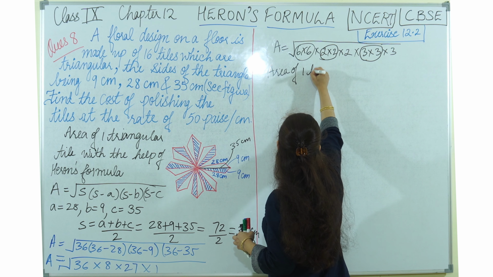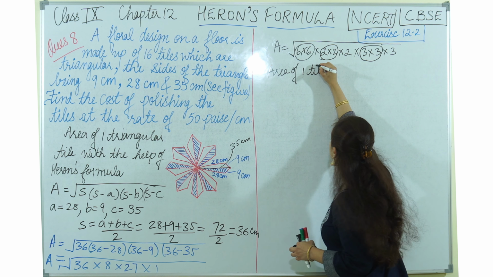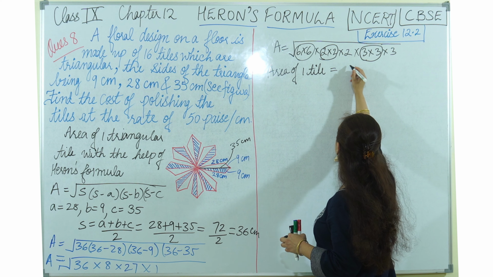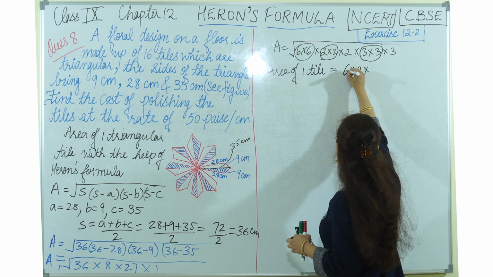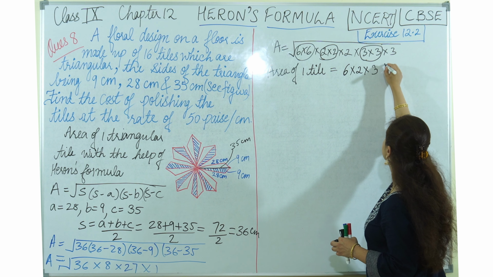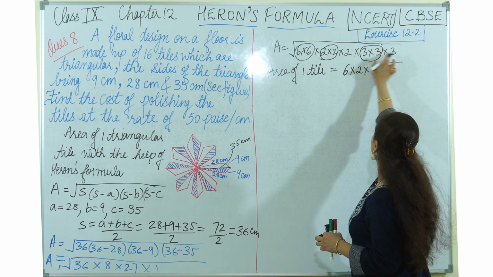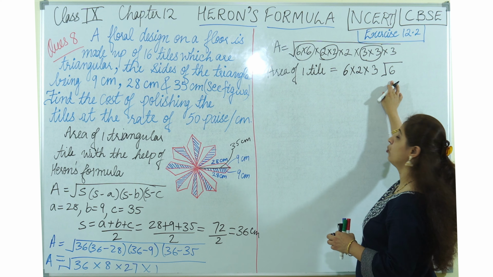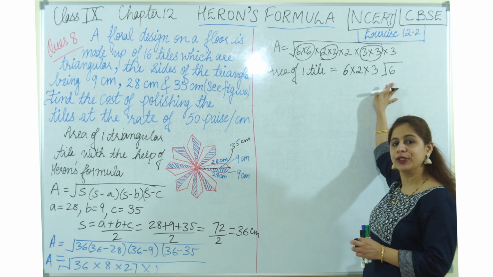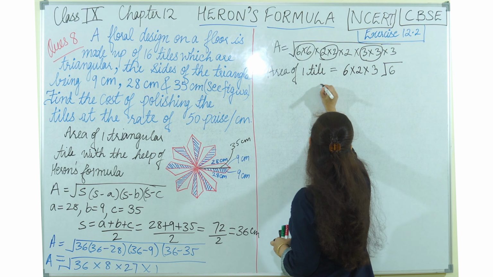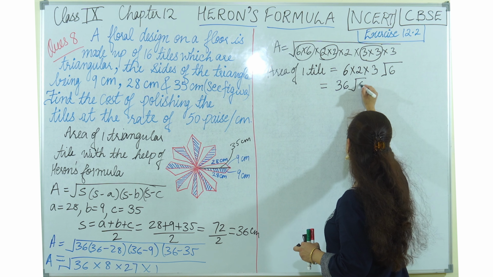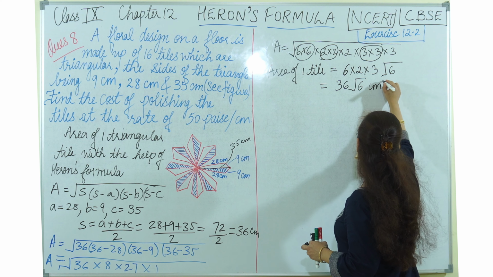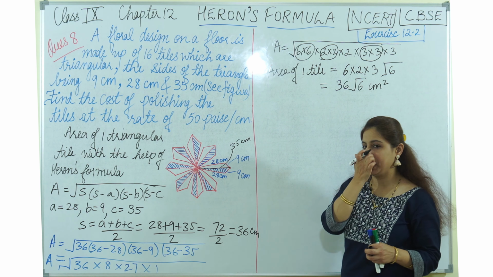So my area of one tile will be equal to 6 into 2 into 3 into under root 2 into 3, that is 6. So under root 6 remains in the square root itself right now. So 6 into 6 is 36. So 36 under root 6 centimeters square is the area of one tile.